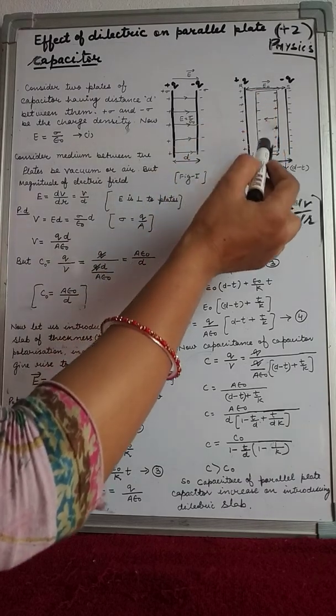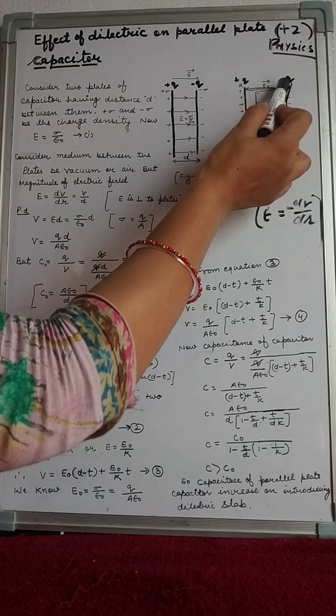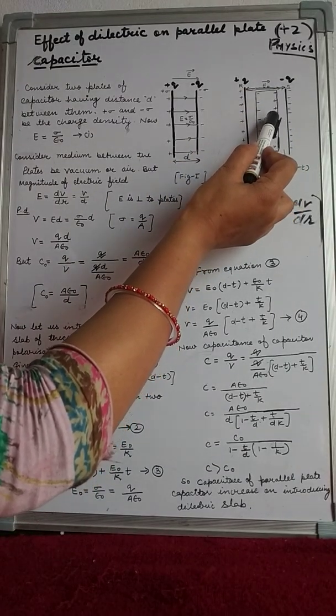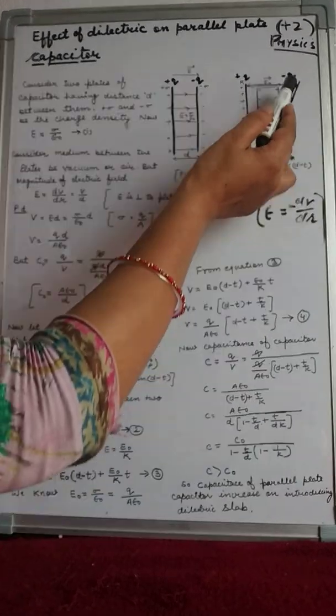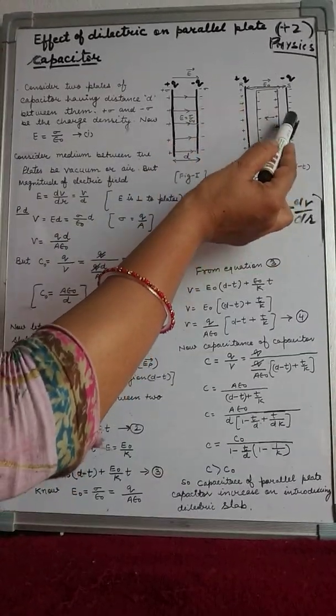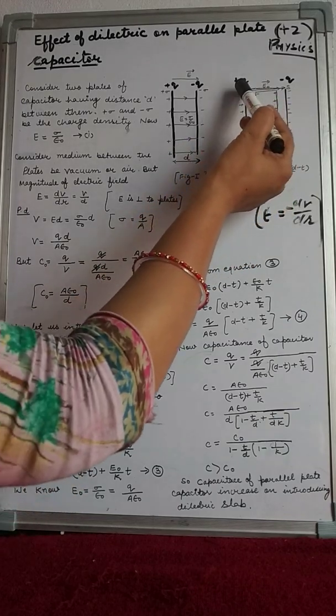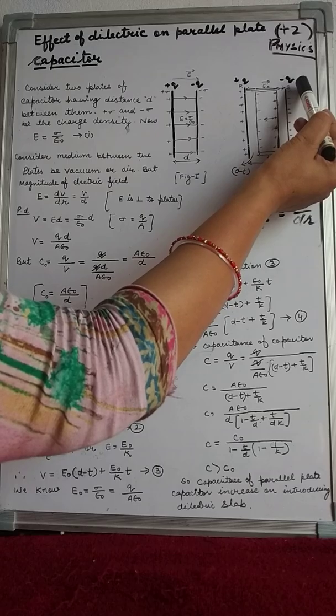The direction of the electric field between the two plates is this, and the direction of the induced electric field is opposite to this. So the total electric field will be reduced here because this field is opposite. This is the direction of the applied electric field between the two plates of the capacitor.